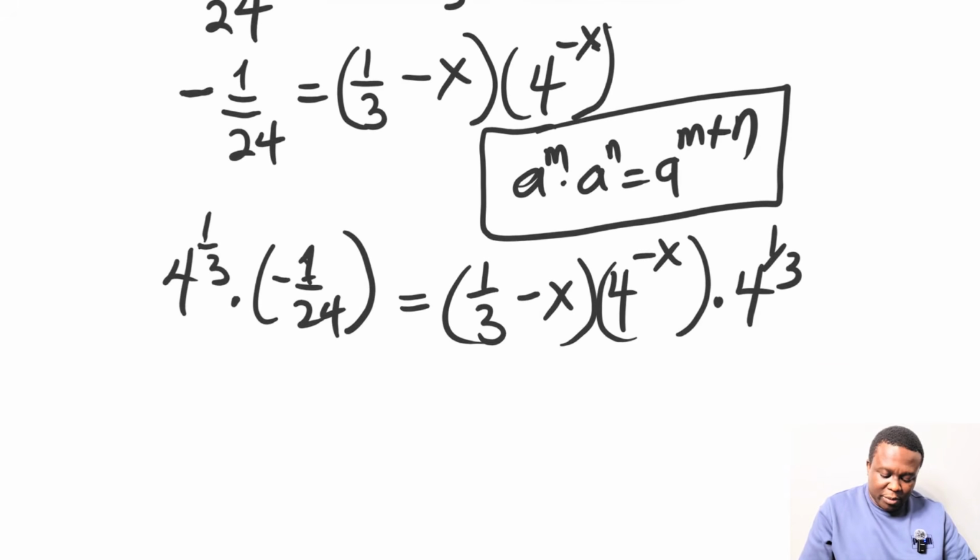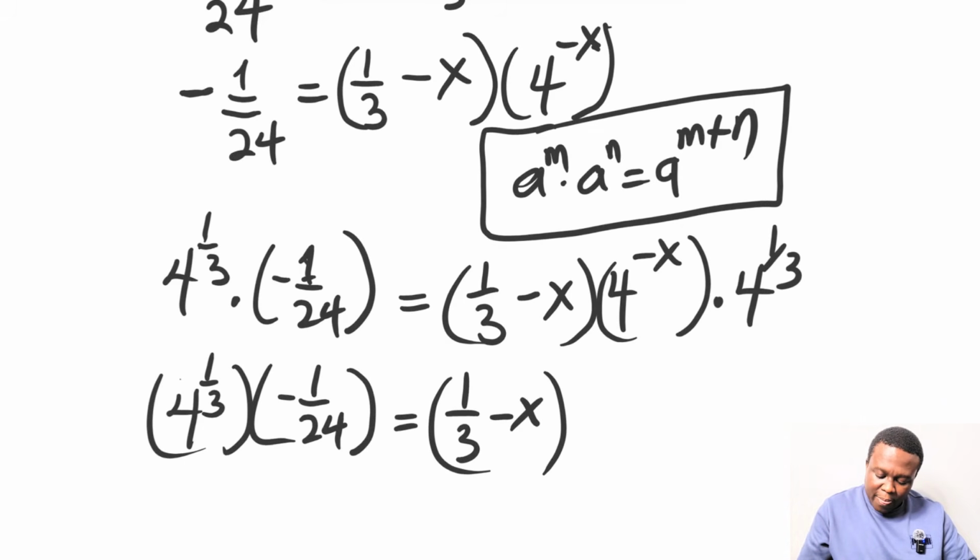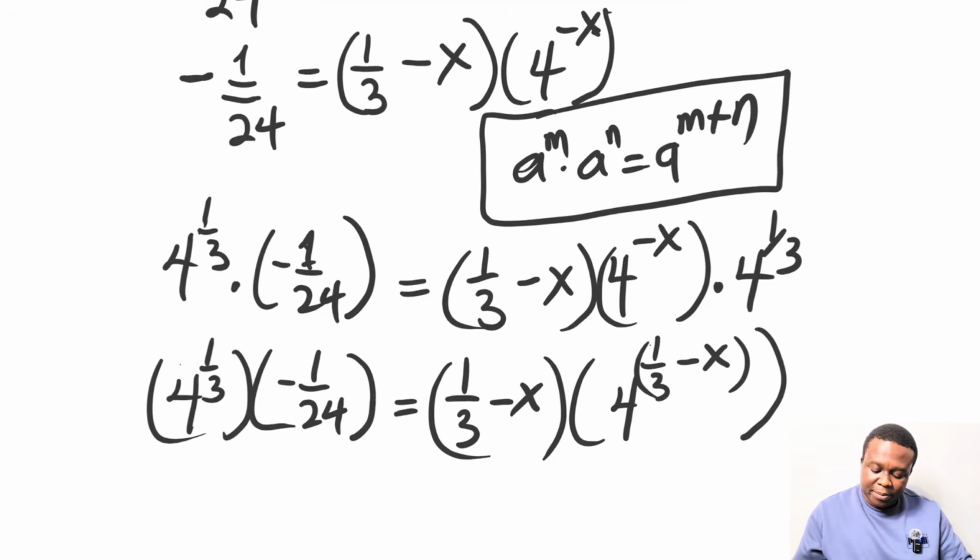So now this becomes minus 1 over 24 times 4 raised to the power 1 over 3 equals 1 over 3 minus x, times 4 raised to the power 1 over 3 minus x, if we add the whole thing up.